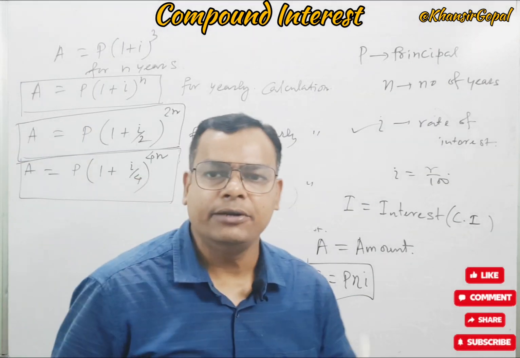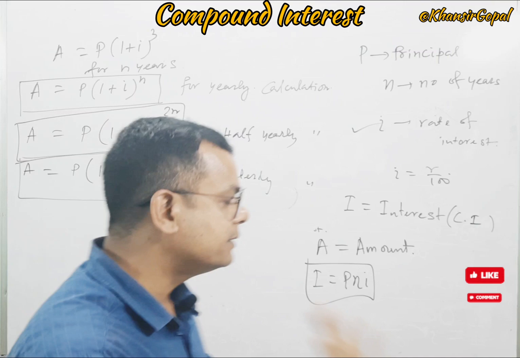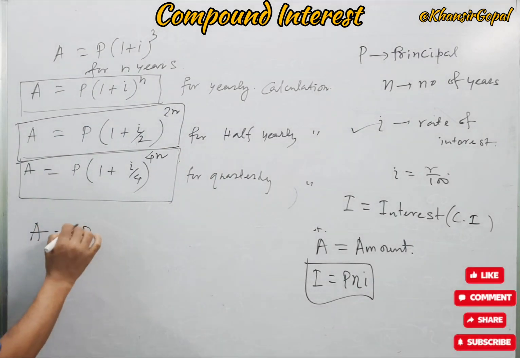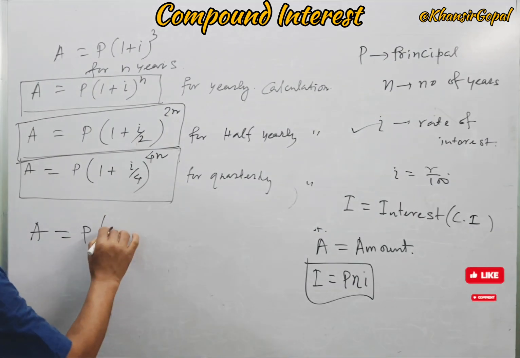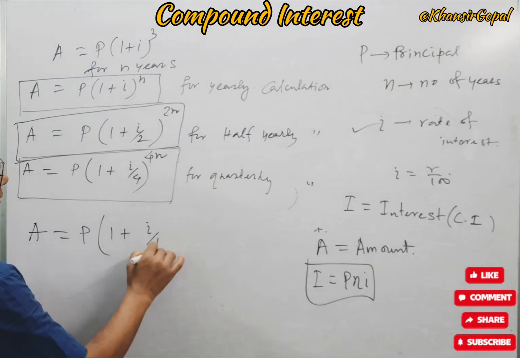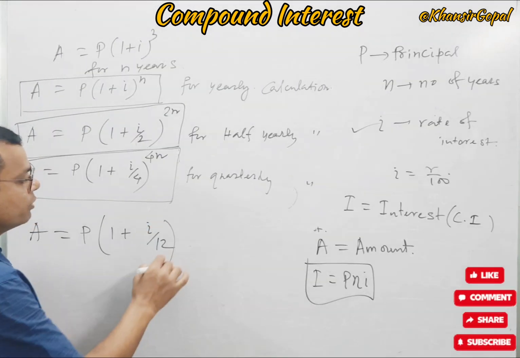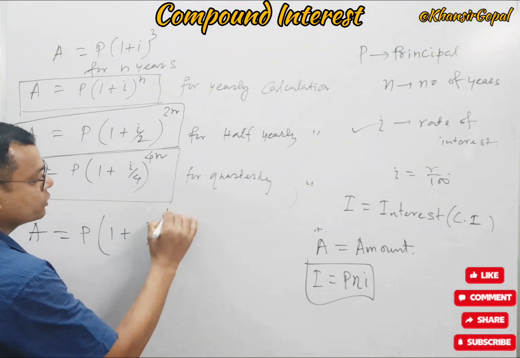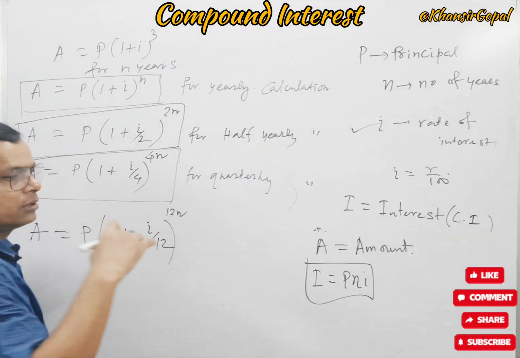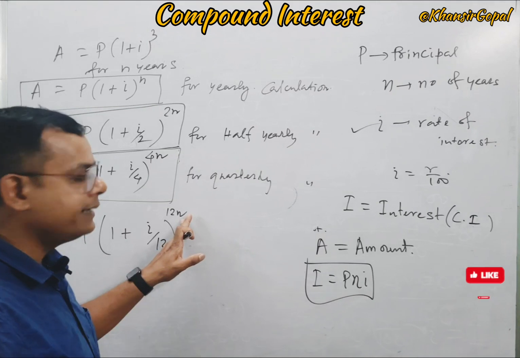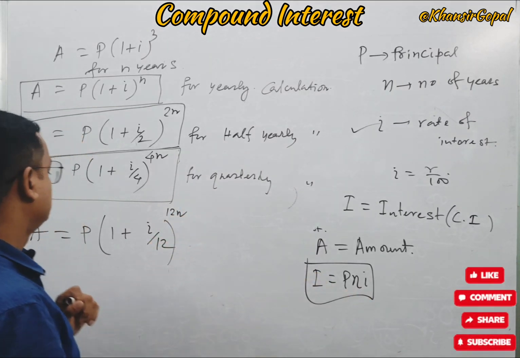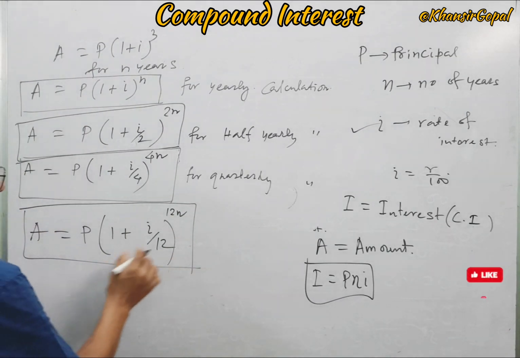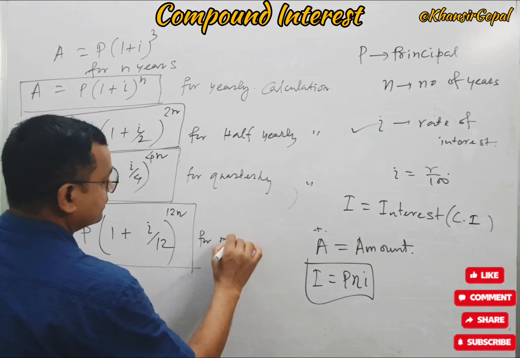Now see, you understood this for quarterly. Even if you want, you can do it for monthly also. Monthly means A equals P into 1 plus I divided by 12, because 1 year is 12 months. That means n years will be 12n parts, so the power is 12n.